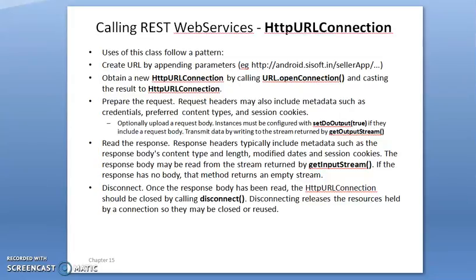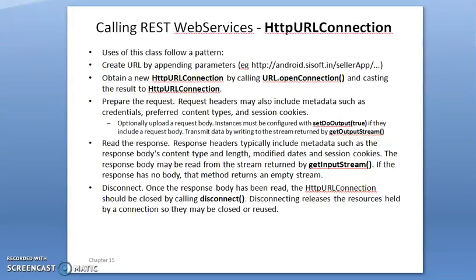For reading the response, we can read the response code and see if it is fine, then we can get the input stream and start reading the response from the server and send it for processing. The last thing we do, once everything is done, is disconnect the URL connection.